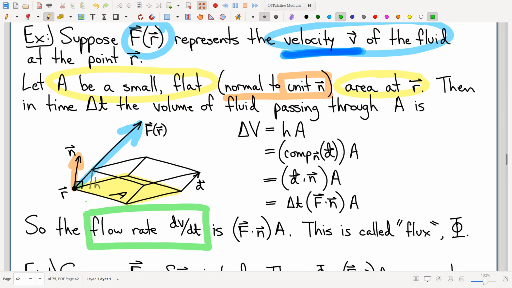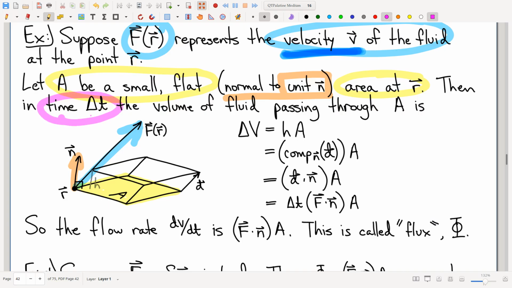All right, so how are we going to do that? Well, what I'm going to do is I'm going to entertain some amount of time, delta t. Let's just start the stopwatch and then stop the stopwatch, just a fraction of a second later. Notice, if this is your velocity, then in some time delta t, the fluid will have flowed some amount in some direction.